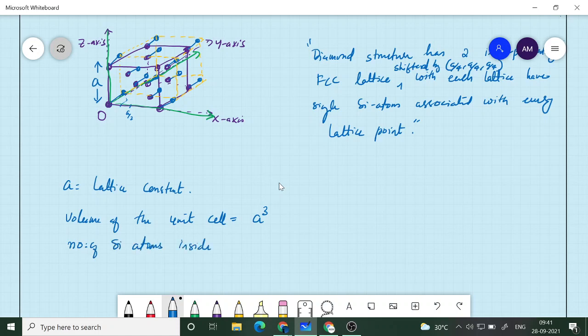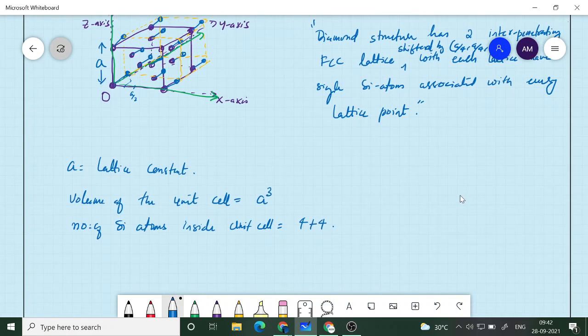Then the number of silicon atoms inside the unit cell is equal to 4 plus 4, 8. So 4 coming from the first lattice and 4 coming from the second lattice. Okay, so the calculation is, for the first lattice, you see that the corner atoms are shared by 8 unit cells, and there are 8 atoms like that. So therefore we have 1 by 8 into 8, which is 1.